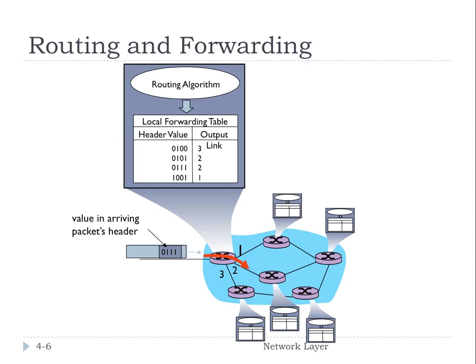The forwarding table gets created by a routing algorithm. The routing algorithm knows the global processes, the global decisions, and it can then create the local decisions that would support those global goals. So the routing algorithm is going to be used to create the forwarding table in each router.